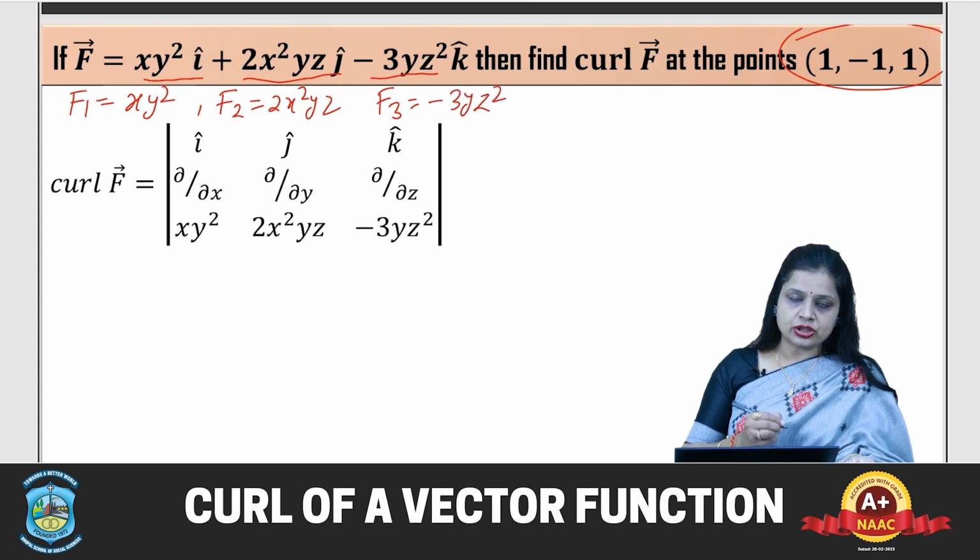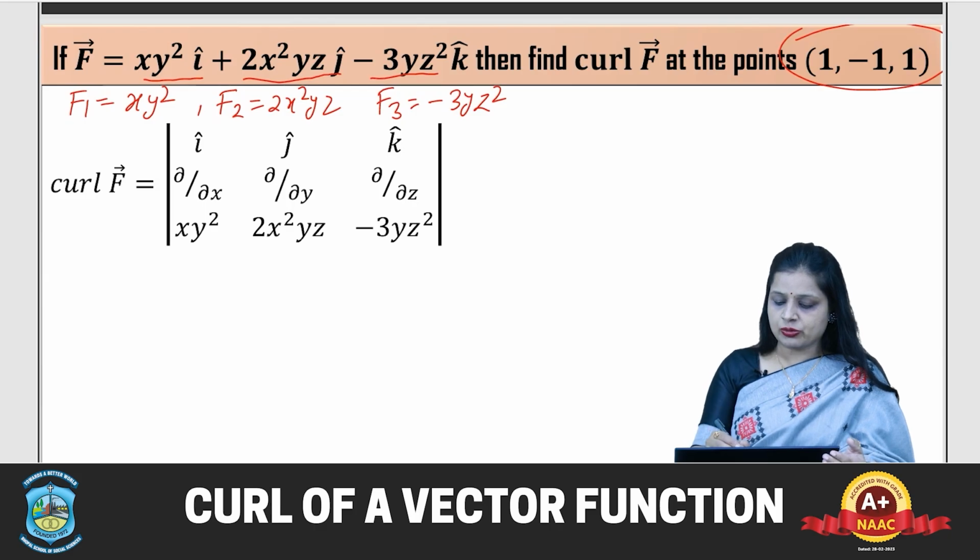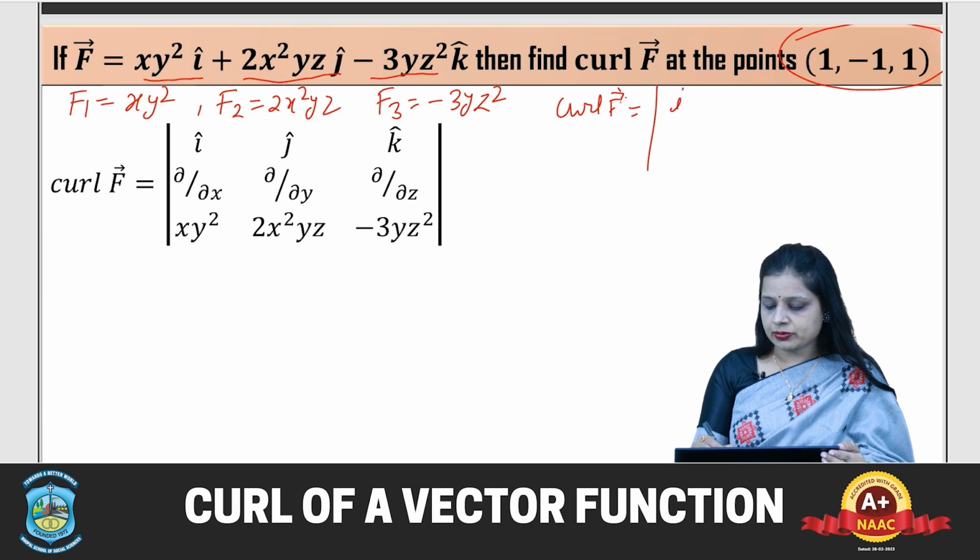We substitute these values in the formula of curl of vector f, which is the determinant of i cap, j cap, k cap, del by del x, del by del y, del by del z, F1, F2, F3.